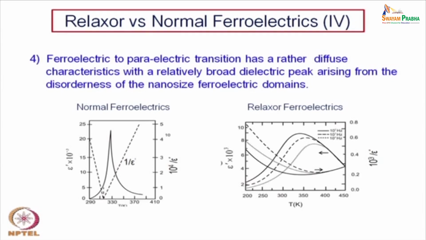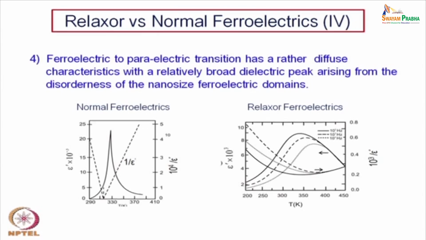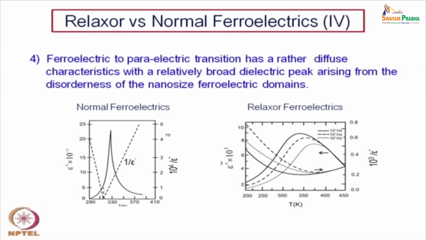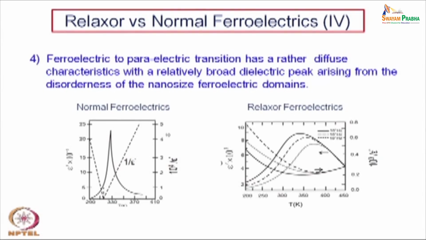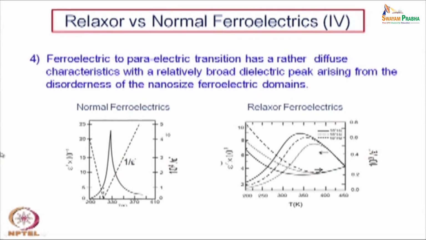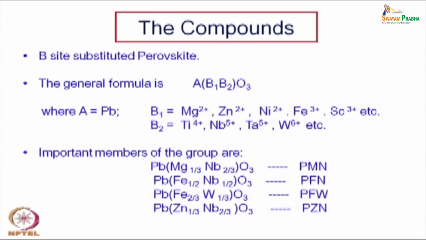So, the domains do not follow a very nice pattern or crystallographic orientation, but it is more random in nature, even when it is ferroelectric. So, these are the 4 different points of difference between a normal ferroelectric and a relaxor ferroelectric.